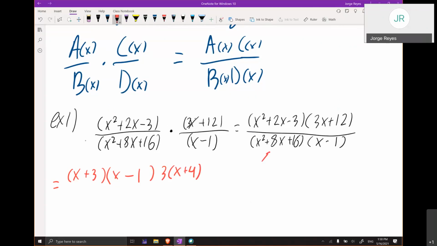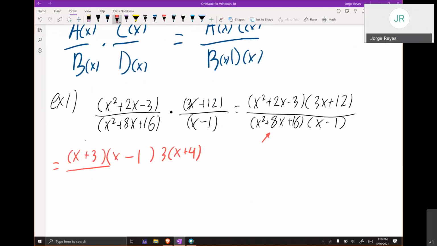Now this one also factors. Hopefully you recognize the formula, because that's the square of a binomial. So x plus 4 squared. I'm going to just write 2 of them because that's a little more normal: x plus 4 times x plus 4. And this just is what it is. So you fully factor everything, and then now you can start canceling.